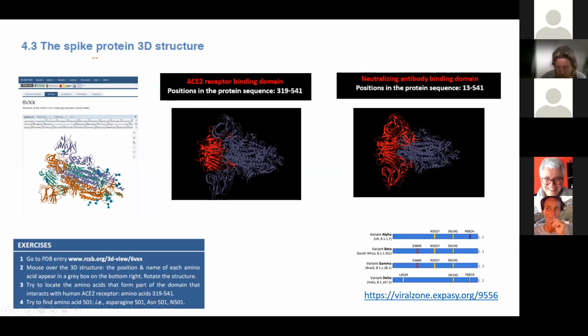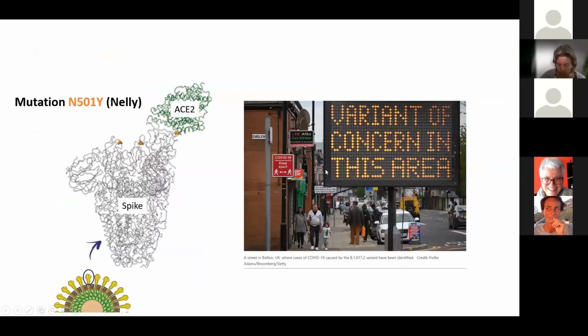So the students have to look at the different mutations and try to locate them in the 3D structure of the protein, and they will see that all the mutations on the list are located in regions which have an impact on the infectivity or on the immune response. So this is why these mutations were part of the variants of concern.